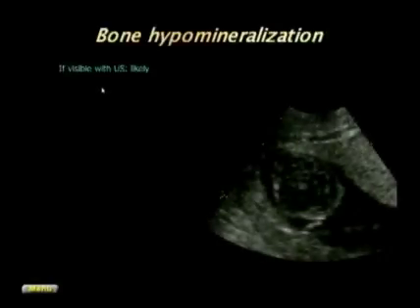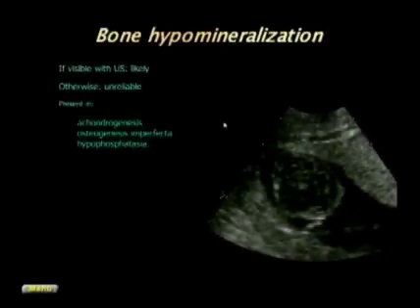One of the first things to look at is bone hypomineralization. This is a criterion that, if it is visible with ultrasound, is quite likely real, otherwise it is unreliable. Here, for instance, you have a skull with no evidence of the skull tables themselves. Now, this is unreliable because sometimes you may have the appearance of a skull, although on X-ray it would not be present.